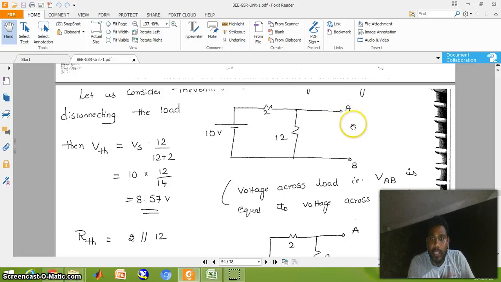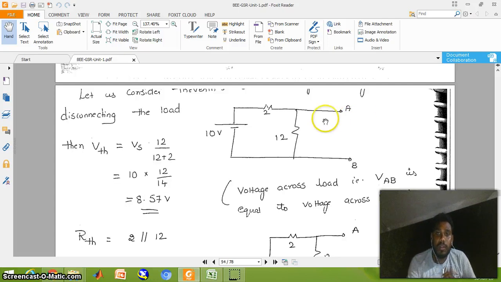Remove that 24 ohm resistor and calculate the open circuit voltage across terminals A and B by using any reduction method. Here the voltage across 12 ohms is equal to the open circuit voltage.